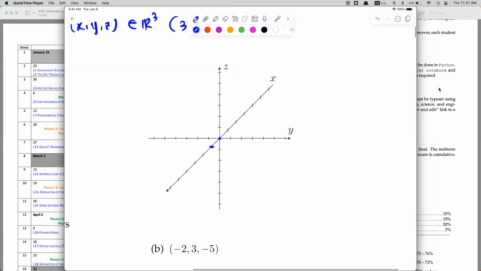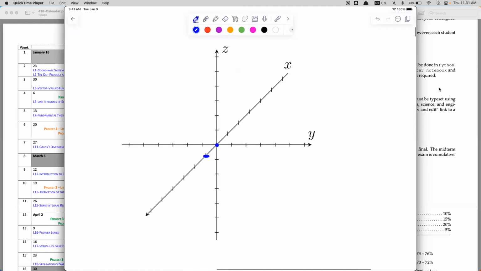Let me zoom in a little bit. And then I'm going to move parallel to the y-axis until I get to y equal to negative 2. So this is the point 1, negative 2.